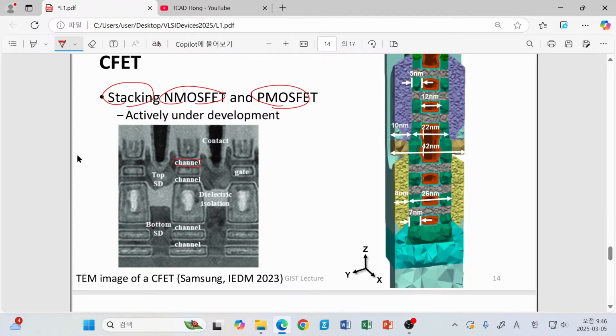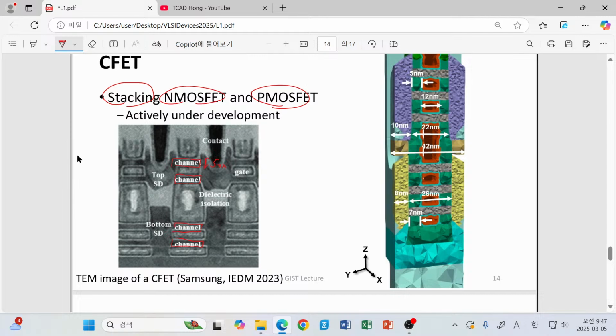This is silicon, and this is silicon, and this is silicon. And what is the size of this silicon? Vertical thickness, it is about 5 nanometer.